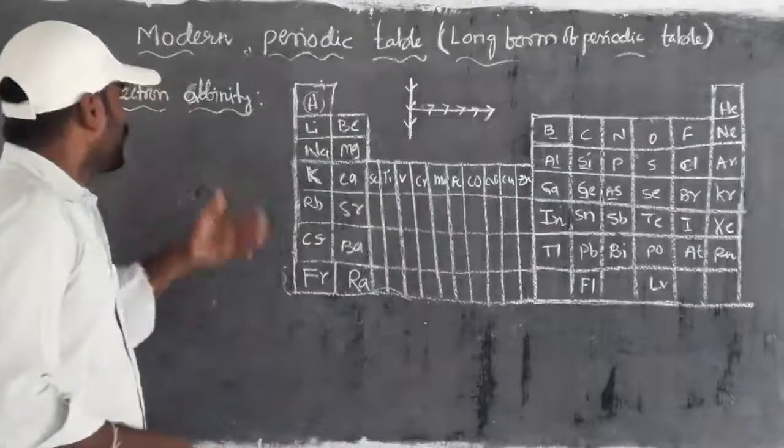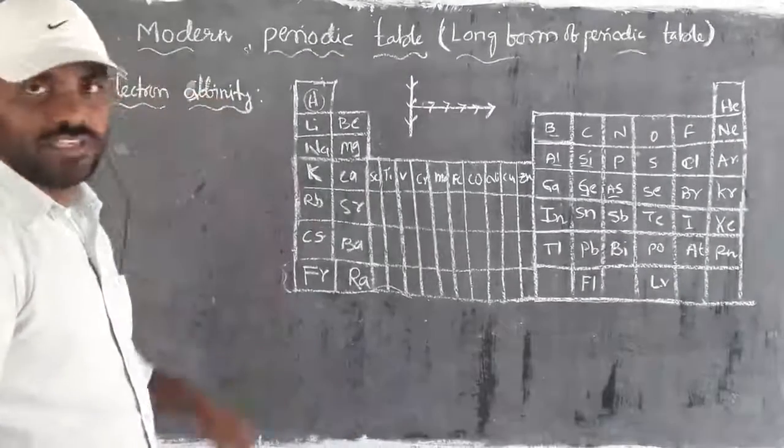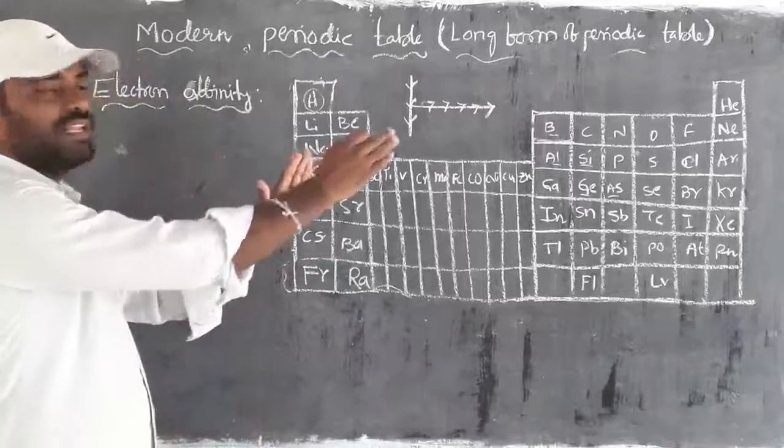In continuity about electron affinity, how does it change in periods and groups?